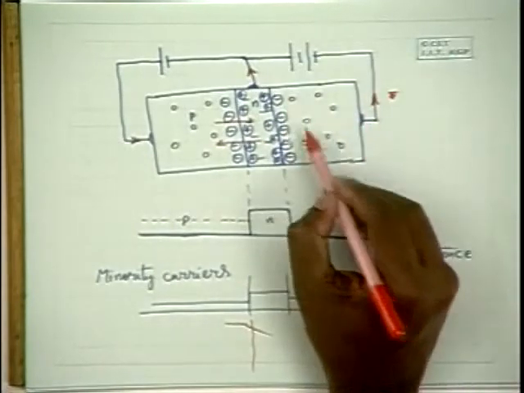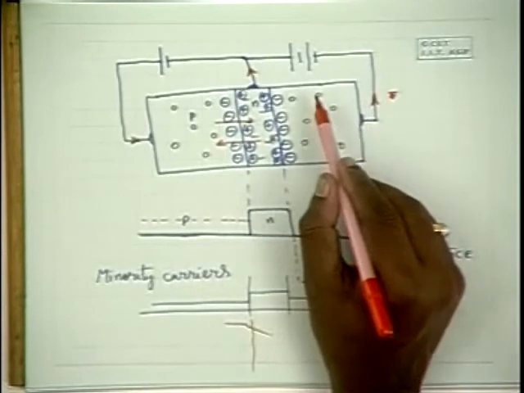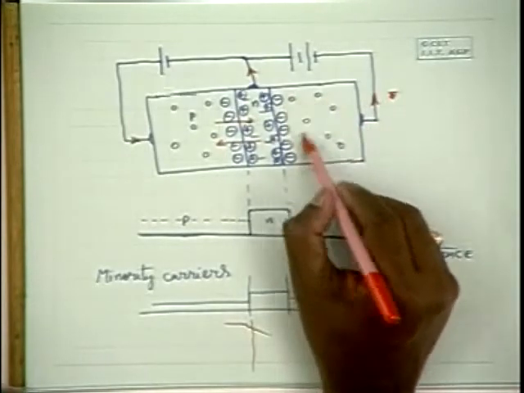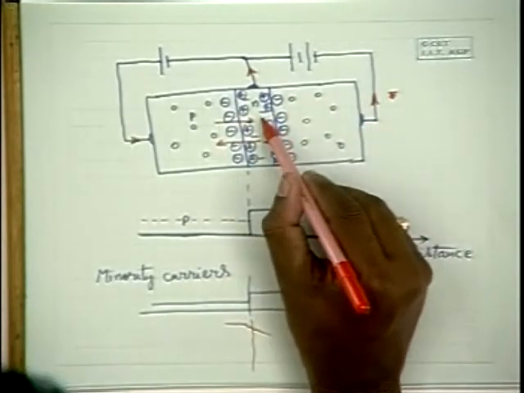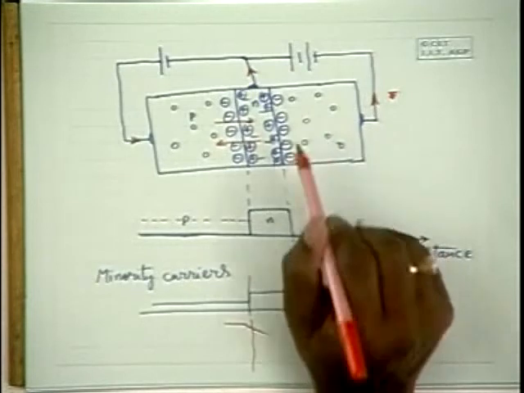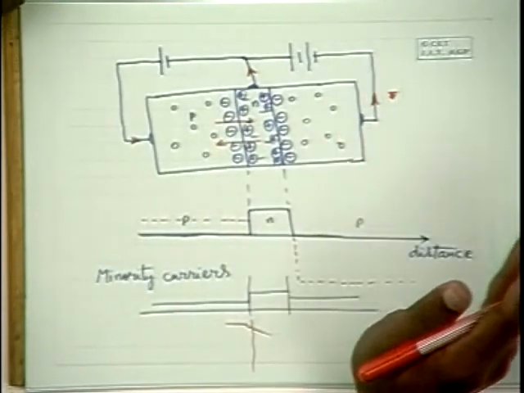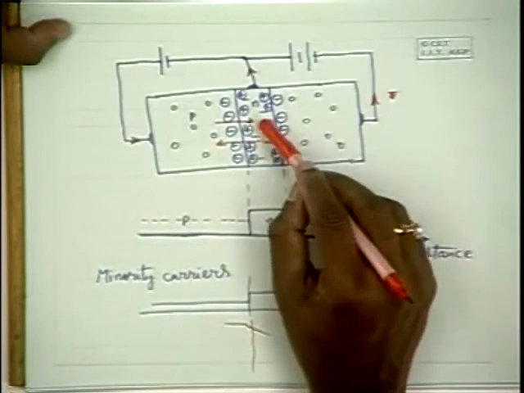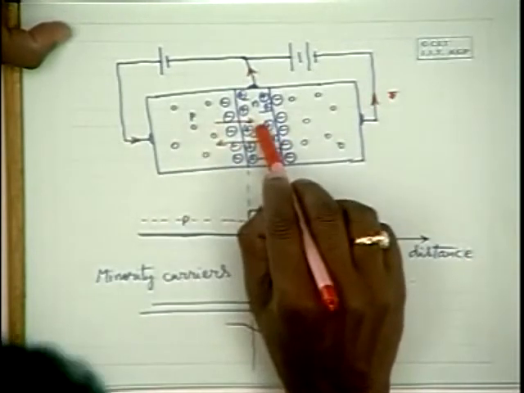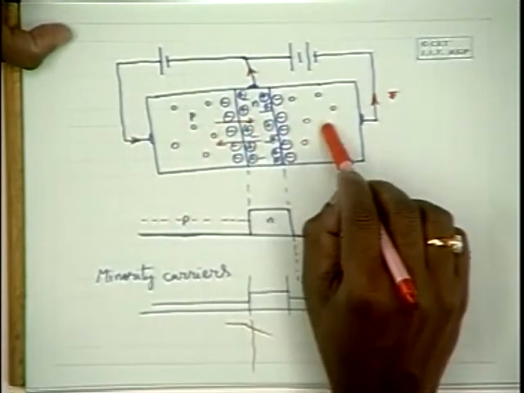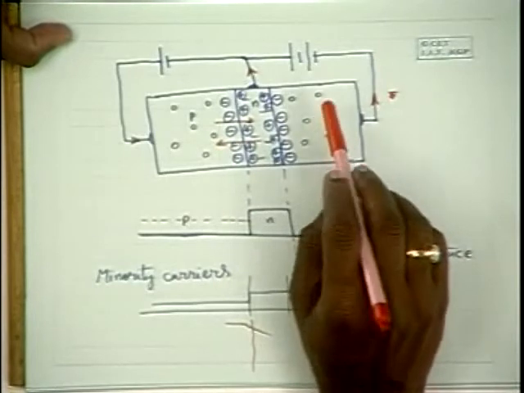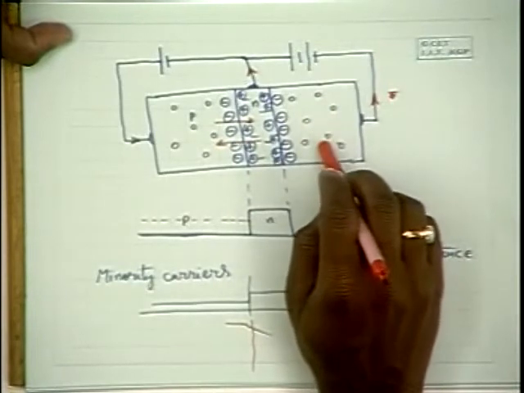Plus, if you want a huge potential drop here between the base side and the collector side, that means a large space charge region to drift the injected holes with high acceleration, you need to go for low doping concentration here.